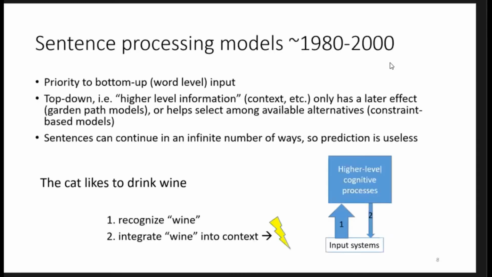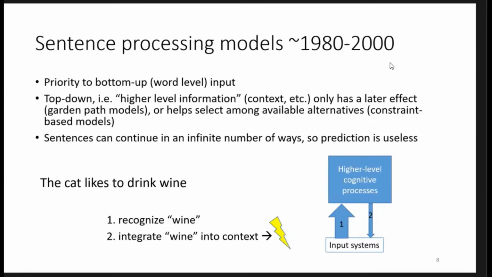Okay, so let's start with a brief history. So when I was in grad school, the main idea was that bottom-up information was really important. And the whole debate was about when top-down information could steer that bottom-up information. And the debate was about timing, so when in time does that occur?